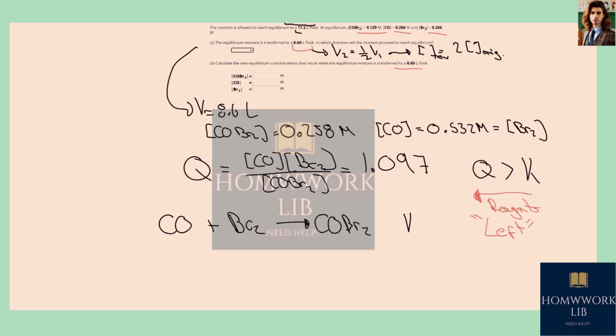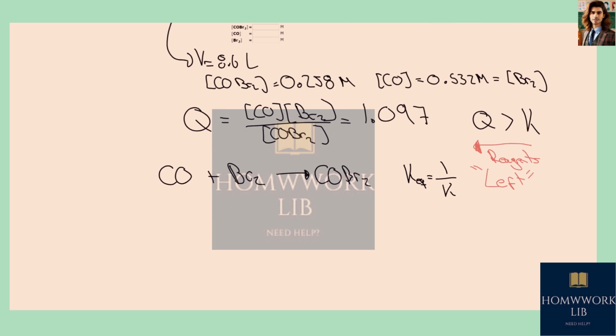And the equilibrium constant for this new equilibrium would be equal to 1 over the original value for K. Now, over here, we're going to get 0.532, 0.532, and 0.258 as the initial concentrations on our ICE table. All of this is going to be given in molarity.